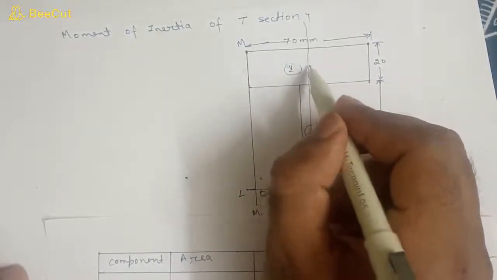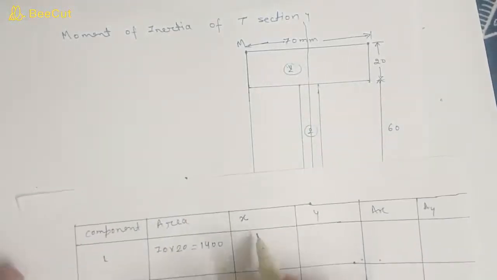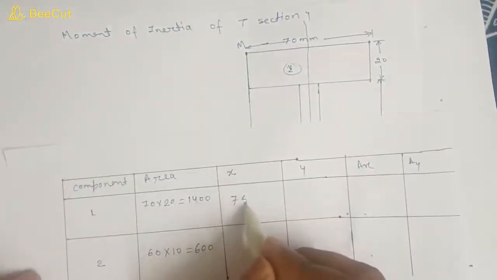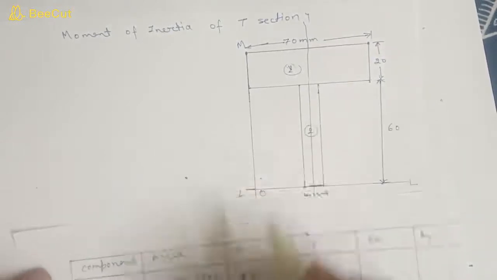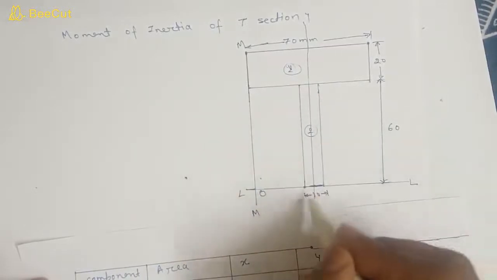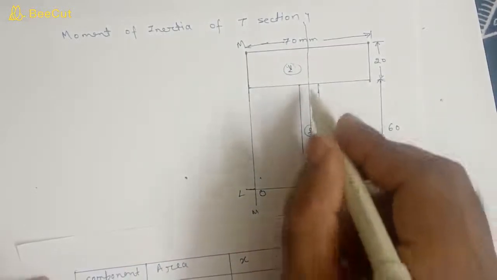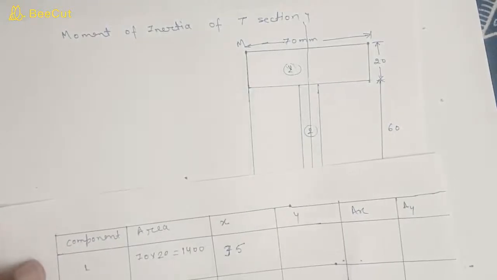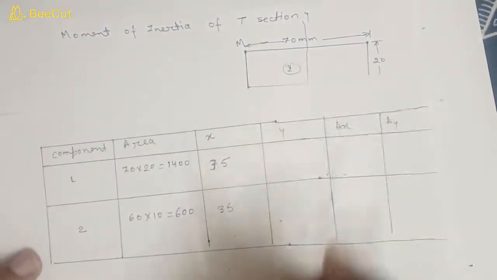So it is 35, 70 by 2. So it is 35 for component 1, and for component 2 also it is at the midpoint of this rectangle. So this distance is 35 for it too. So we will write 35 here.